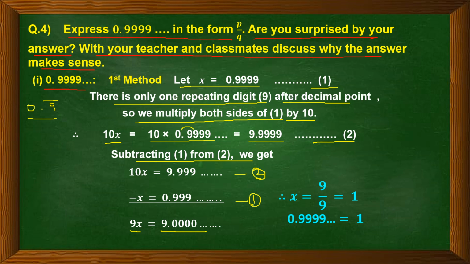So we can say x is equal to 9 by 9, which is equal to 1. Right? And what is x? x is 0.999 and so on, which is approximately equal to 1. So the value has come 1. Now this was the first method by which we have solved it, and the P by Q form has come 1 over here.